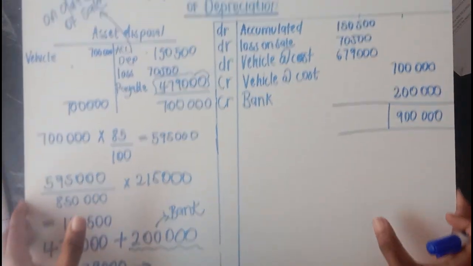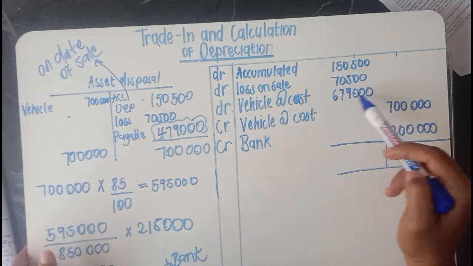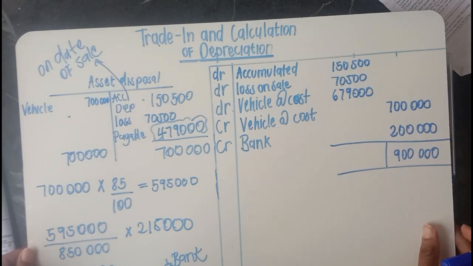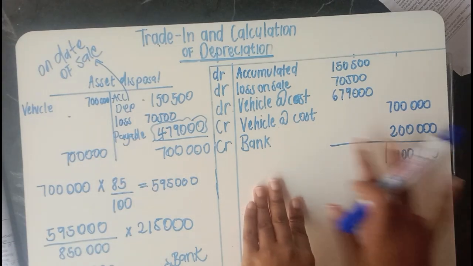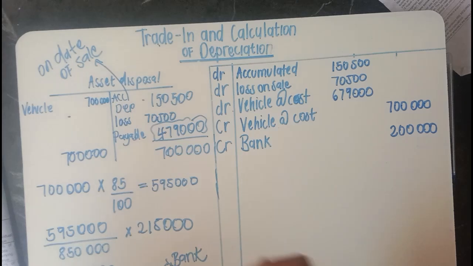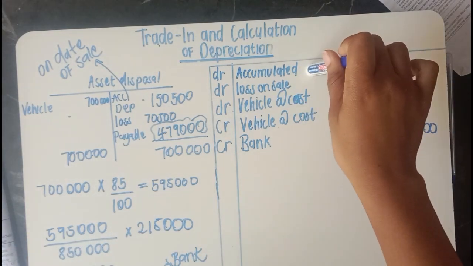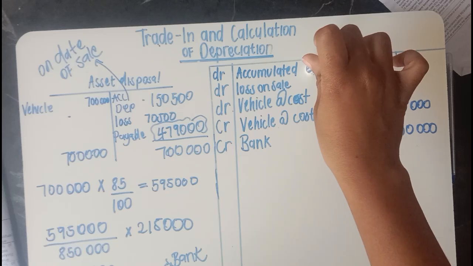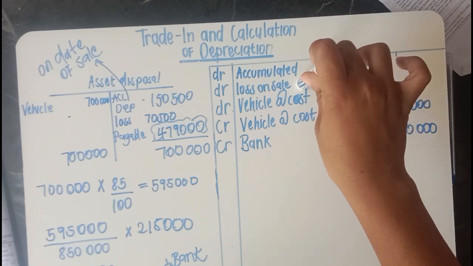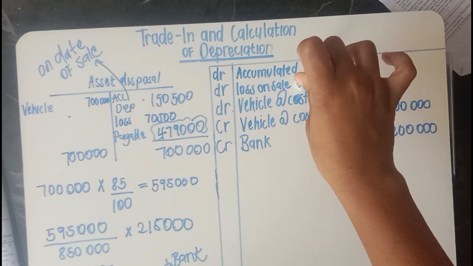Or you use this one and you go through all of this and you totalize and you balance the vehicle at cost. Either way, you get the amount, right? So let me touch on the statements for this. You'll have statement of financial position for accumulated depreciation, and statement of profit and loss for your loss on sale of asset.